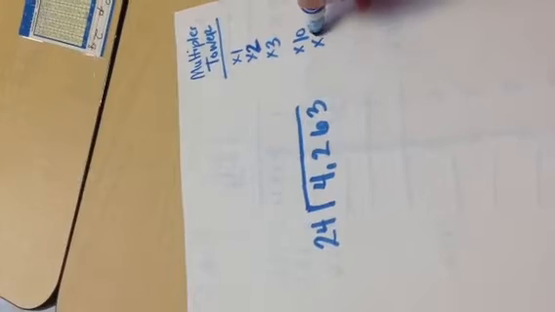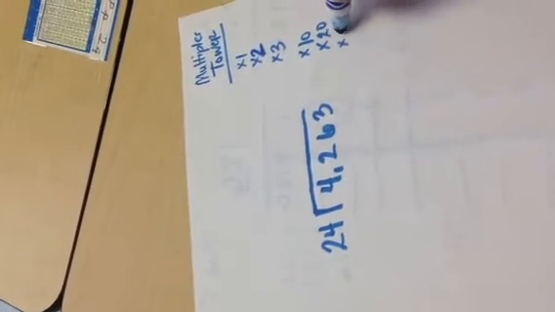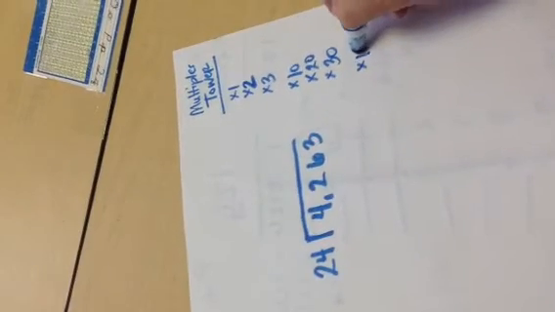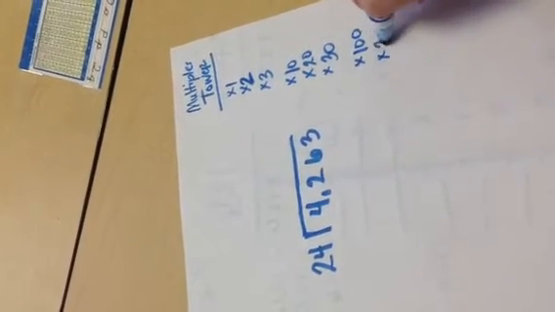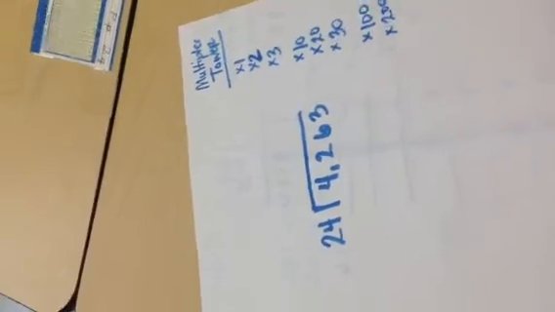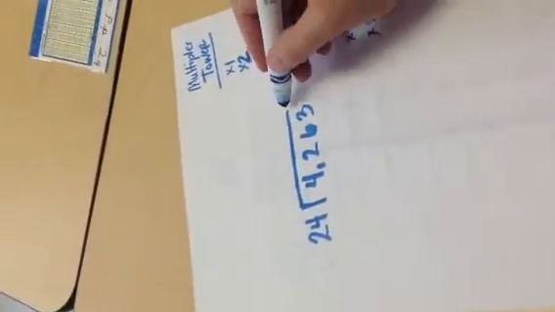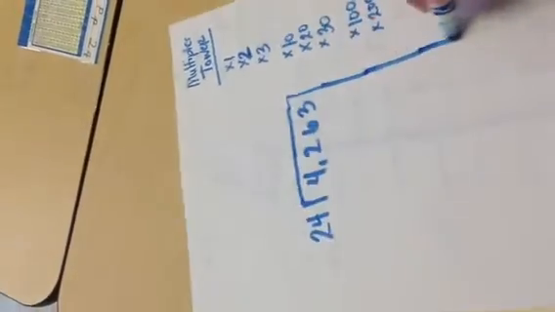And remember, that's 24 times 1, 24 times 2, 24 times 3, 24 times 10, 24 times 20, 24 times 30. And if you want, you can either go 24 times 100, 24 times 200. Okay? So find that pattern, and then you can either do that, the Super 7, or you can do it the old-fashioned way. It's really up to you, the standard way.